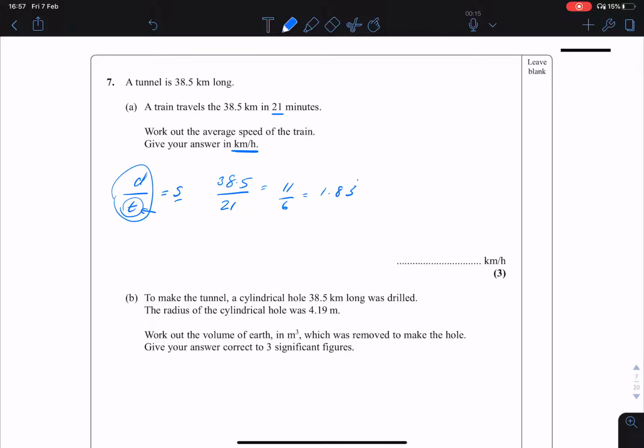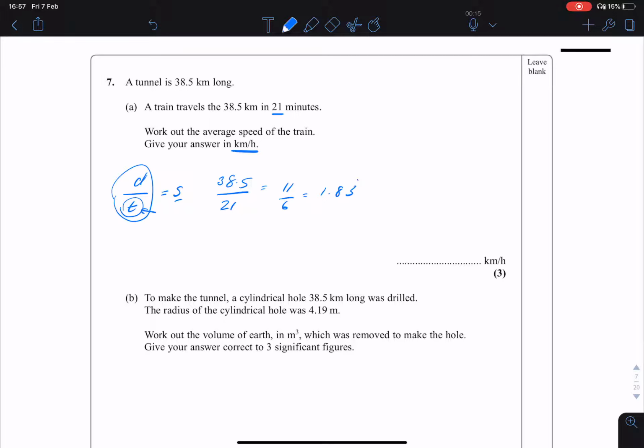Now, this is the odd thing, because if we think about it, it's 38.5 kilometers long, and it takes 21 minutes, so less than half an hour or something like that. If the answer we got is 1.83 kilometers per hour, then it would take ages.